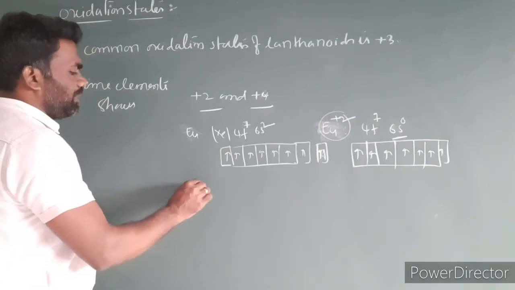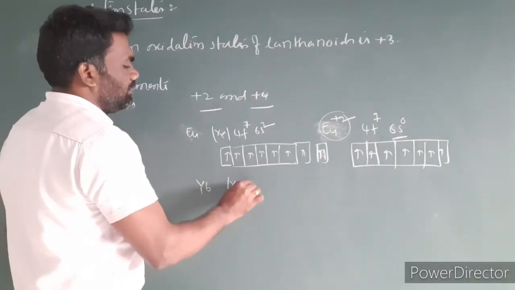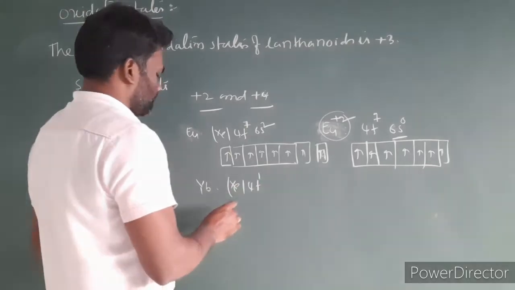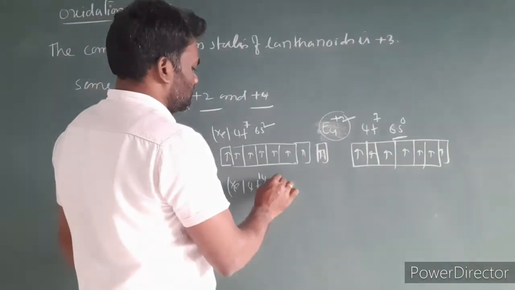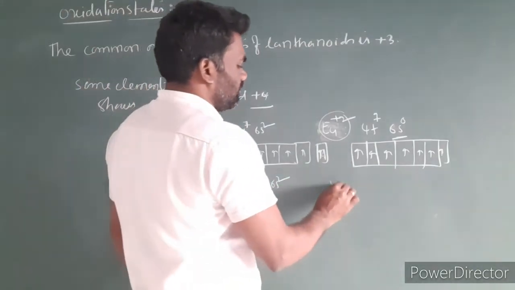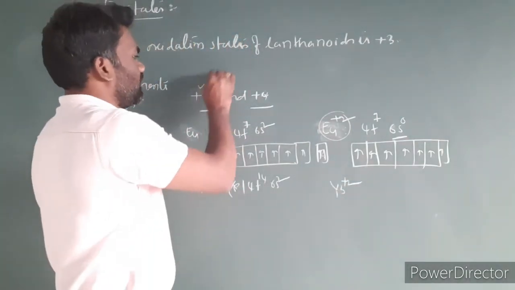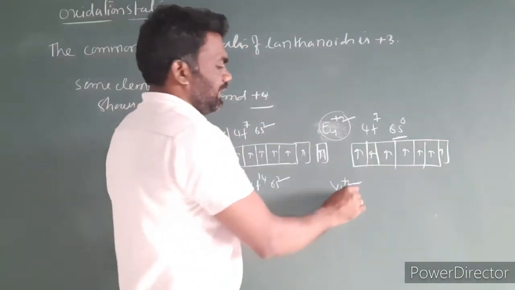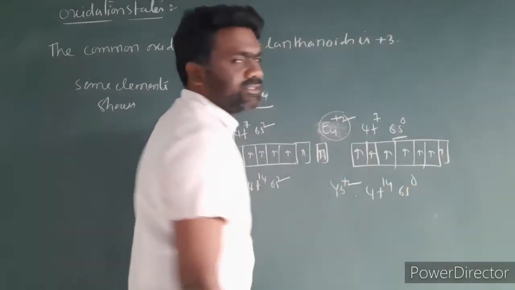Let us take one more example, ytterbium. Ytterbium is xenon 4f14 6s2. After losing the two electrons, it becomes Yb2+, showing the +2 oxidation state. The configuration is 4f14 6s0.